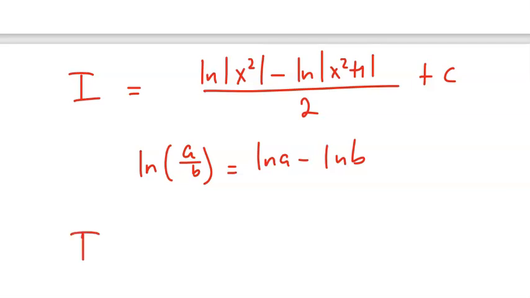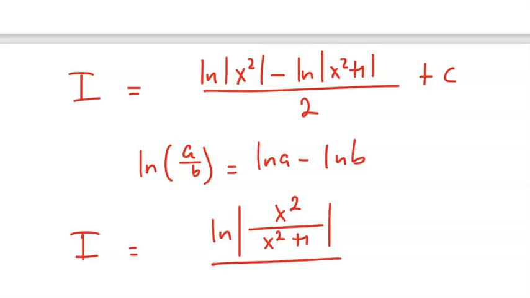So finally our I will be equal to the natural log of, okay, so let me write this properly. It will be the natural log of x squared divided by x squared plus 1, then divided by 2, plus c.